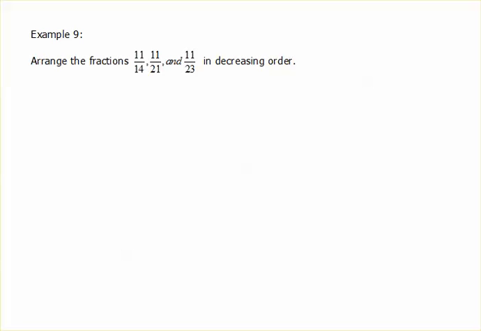Well, the only way that we can do that is if we have common denominators to be able to see exactly what it is that we're working with. So I'm going to rewrite these as 11/14 and 11/21 and 11/23, just so that I can spread them out and work with them. Okay, I know that 23 is a prime number. So we may want to start with that one.